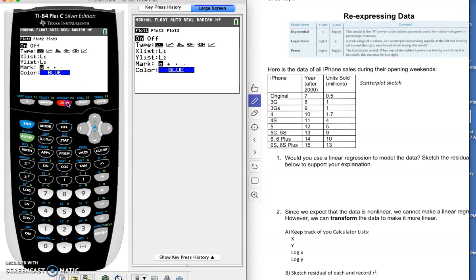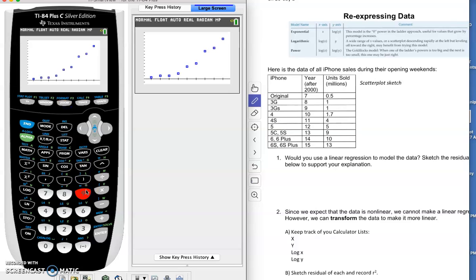And if I hit zoom 9, I see my scatter plot, and at the beginning of this unit, we may have thought that this was a fairly decent scatter plot, but I think I'm seeing a bit of a curve here, and that's just a really quick sketch for note purposes.